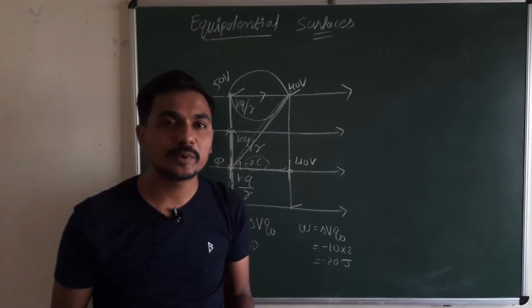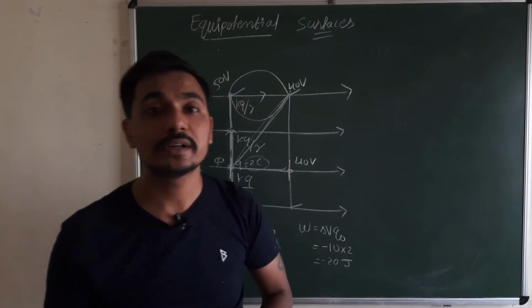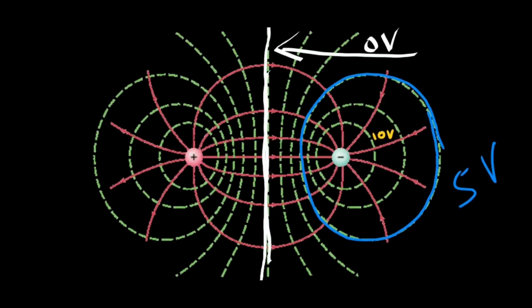Now let's see the equipotential surface of a dipole. This given picture represents the equipotential surfaces. Here each line represents an equipotential surface. You can see here there is a white line. The white line is actually a three-dimensional plane surface.